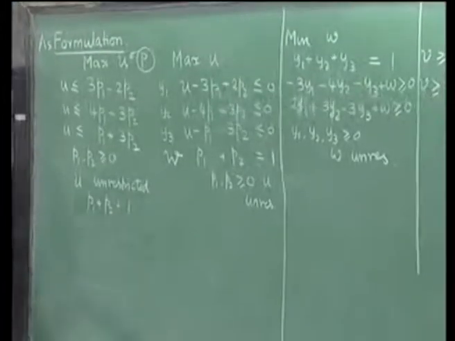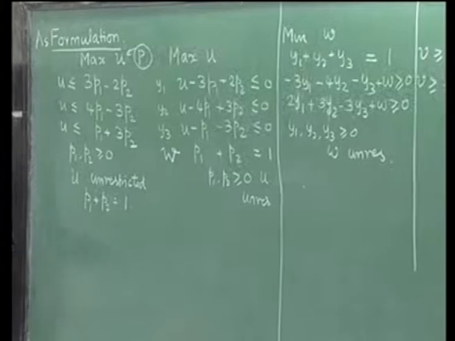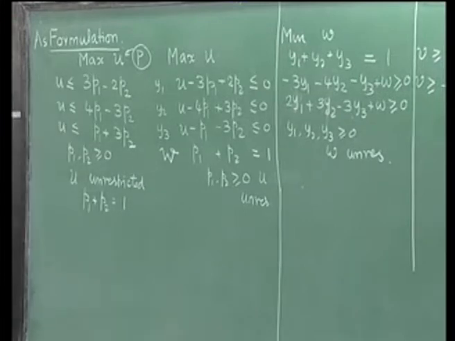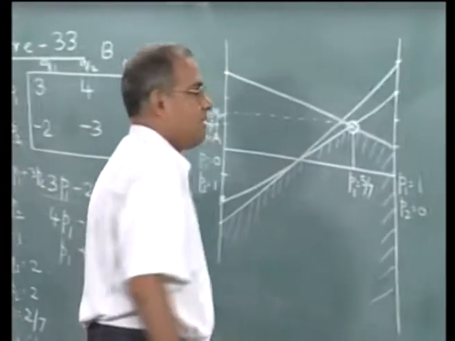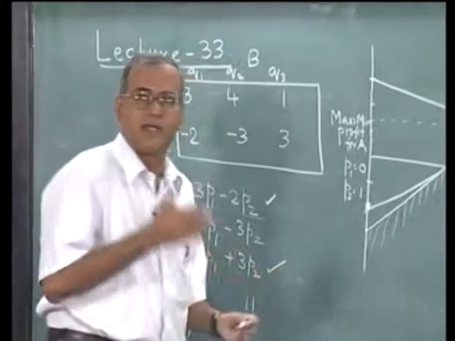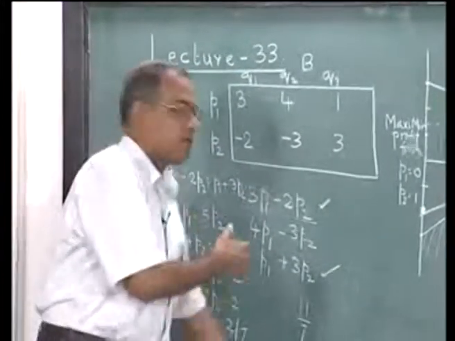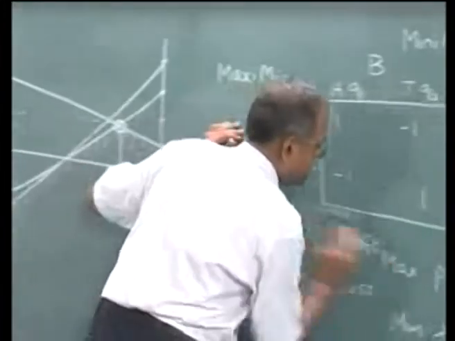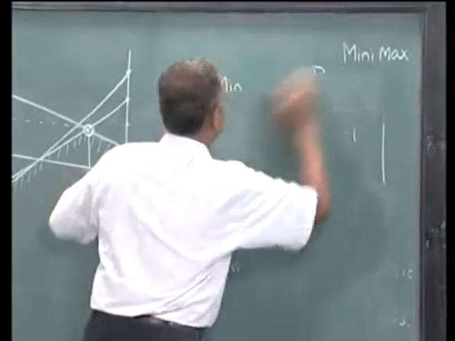If we solve it by the simplex method, it would automatically give the solution to the primal as well as to the dual. Now here, because we have solved it by the graphical method, we will now come back and use the duality principles to get the quantities for B, which means to get q1, q2 and q3.